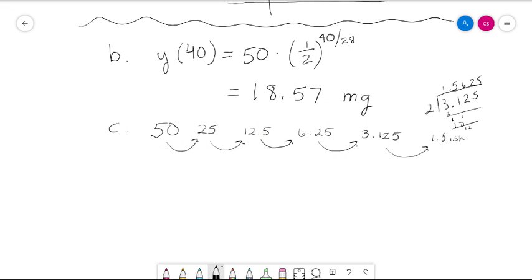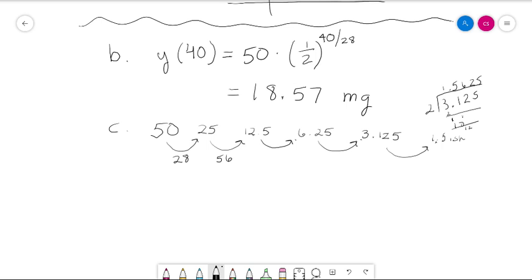All right, well, the first half-life is 28 days. And then the second one is, what's 28 times 2? 56 days to get here. And then we have to do another half-life, and another half-life, and another half-life.